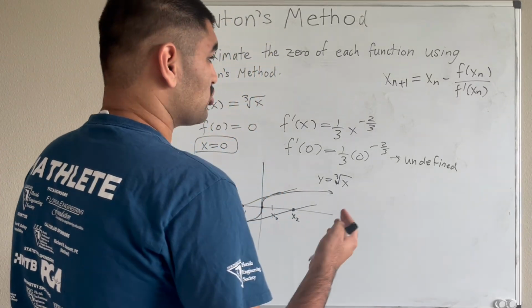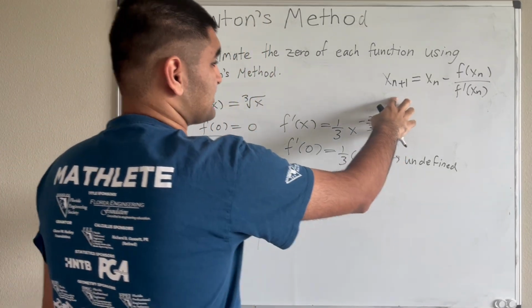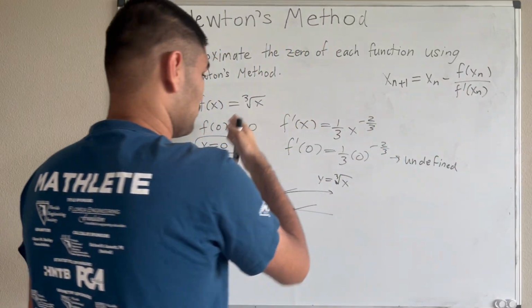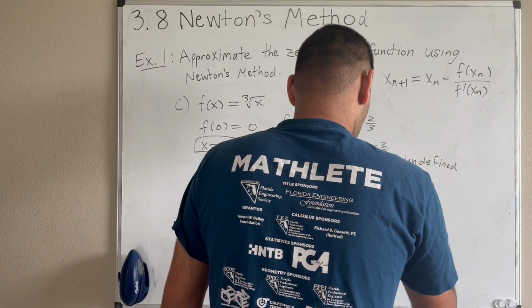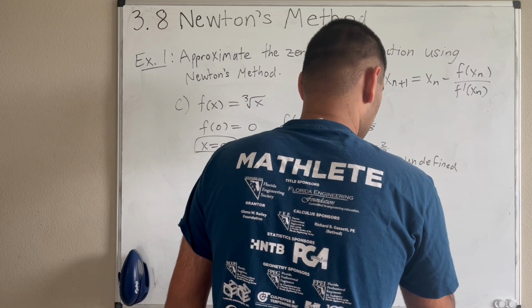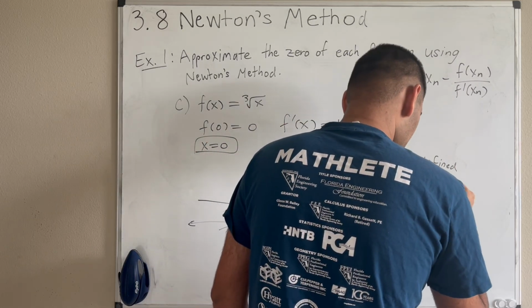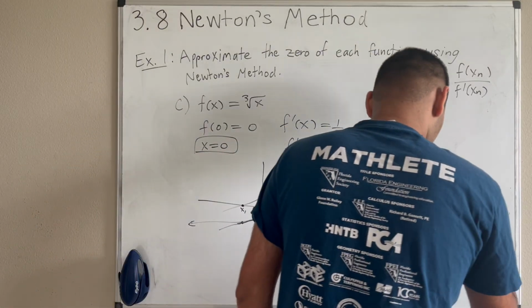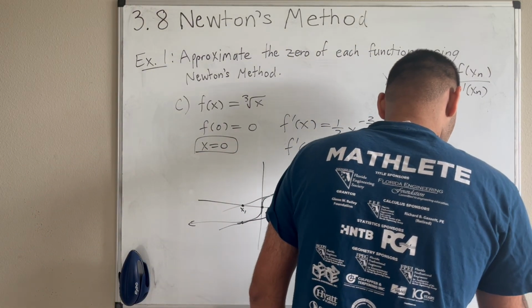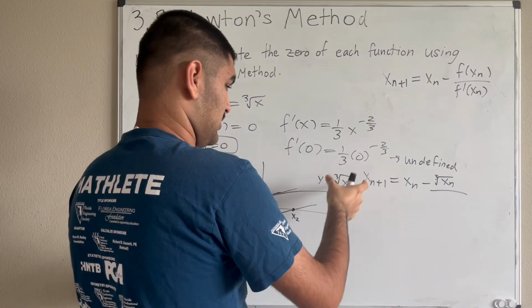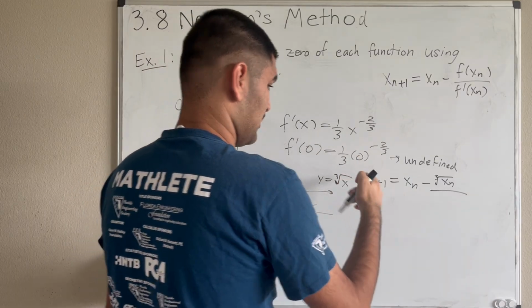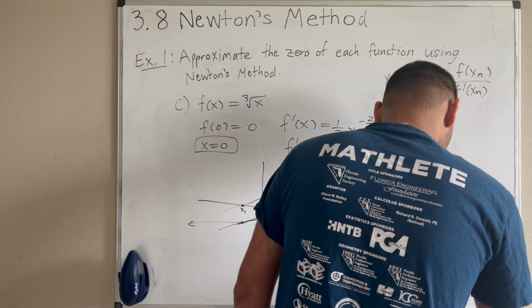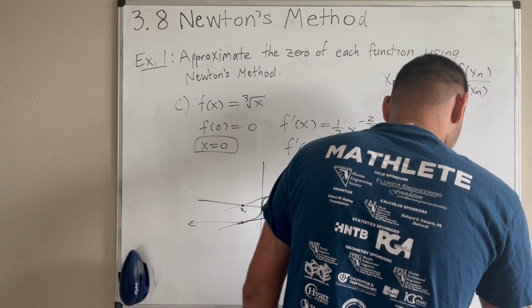And to see that algebraically, we can compute x_{n+1} by substituting in the actual formulas. So x_{n+1} is equal to x_n minus f of x_n, which is simply the cube root of x_n, all over f prime of x_n, which is 1/3 times x_n to the negative 2/3.